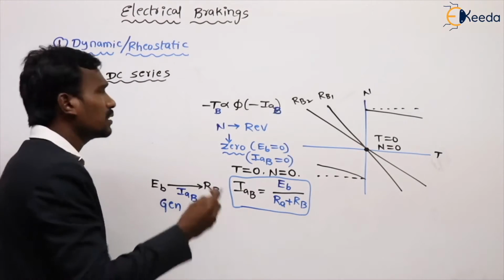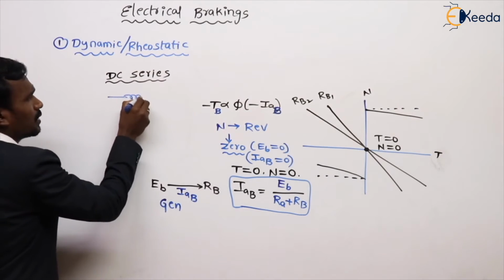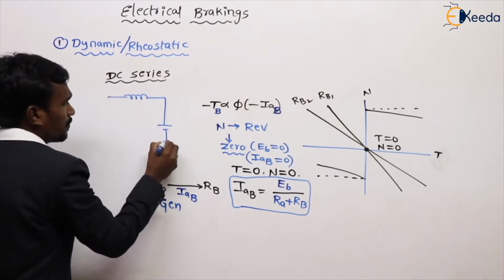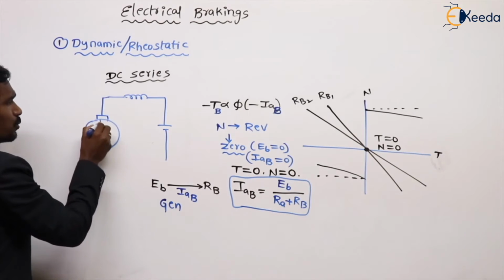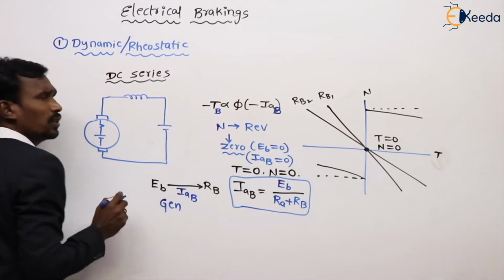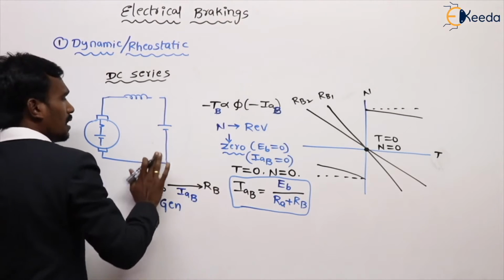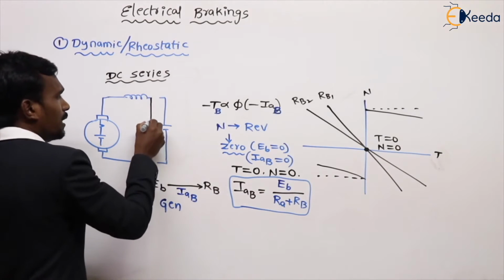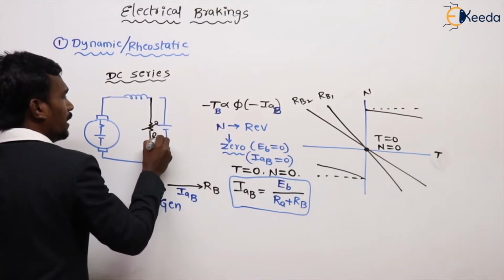See, actually the series motor is like this. This is my DC series motor. But I want to disconnect the armature from the supply and connect it to a braking resistance or rheostat RB.